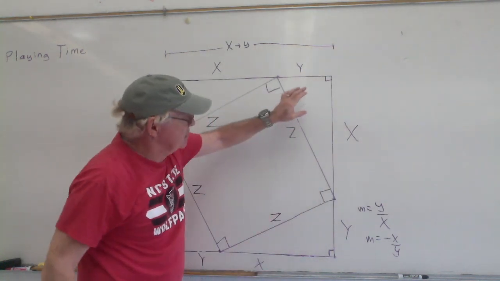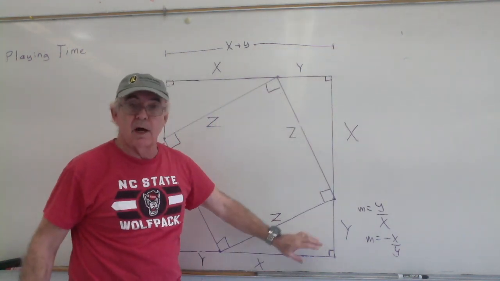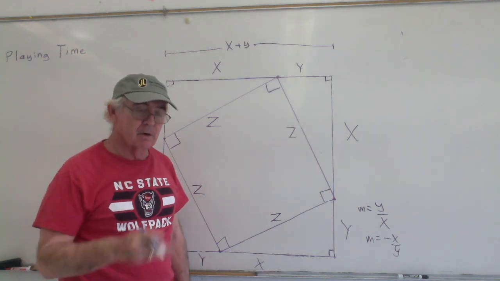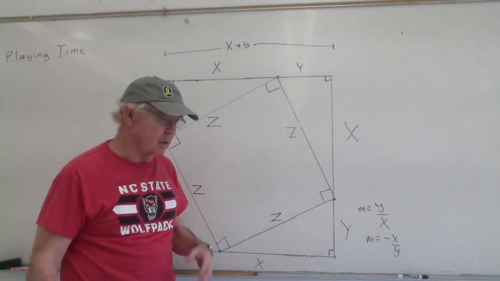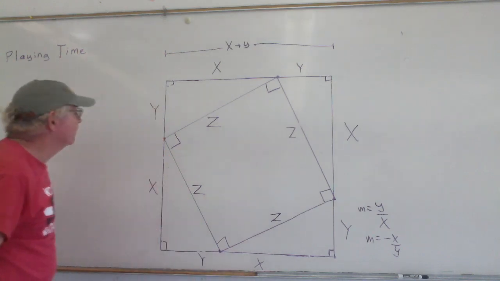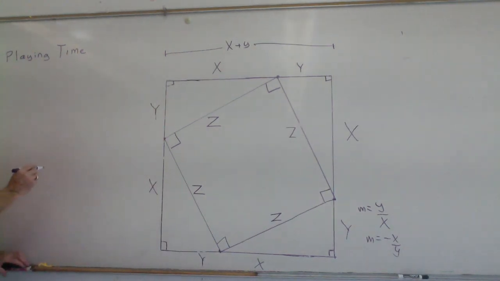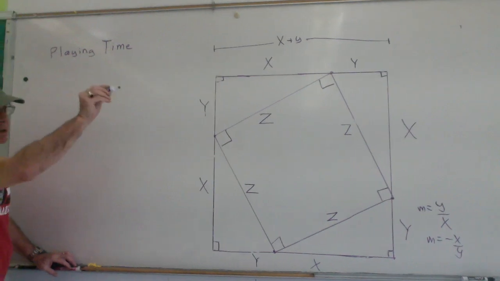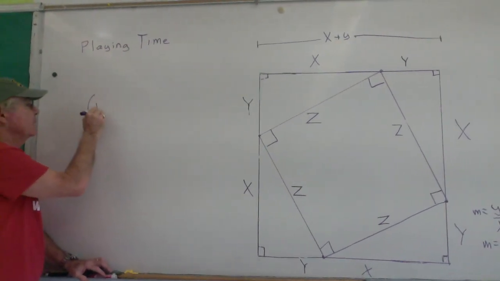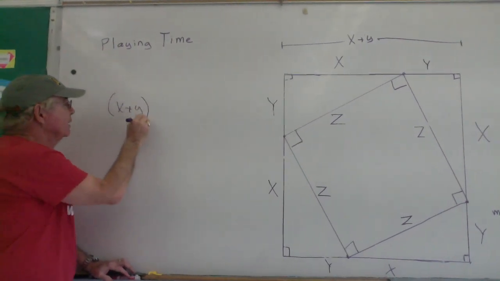And likewise, all four sides are x plus y. So how do you find the area of a square? You square the side. So the area of the big square is (x plus y) squared.